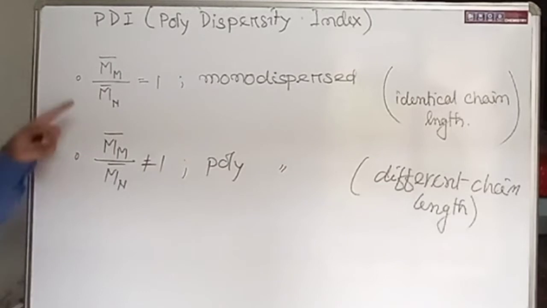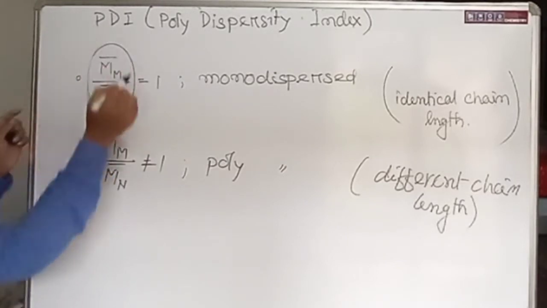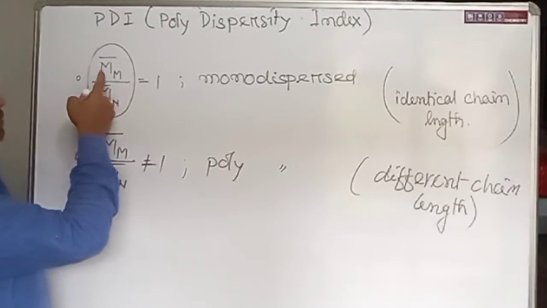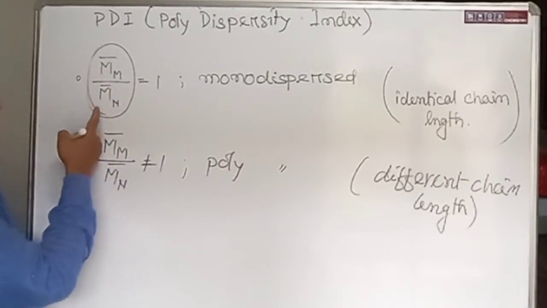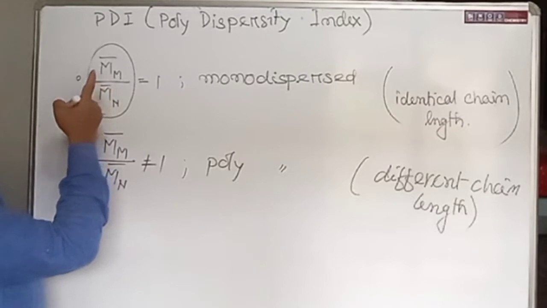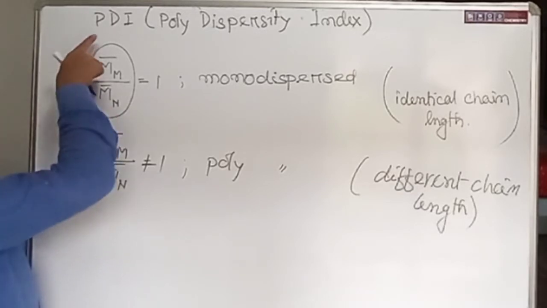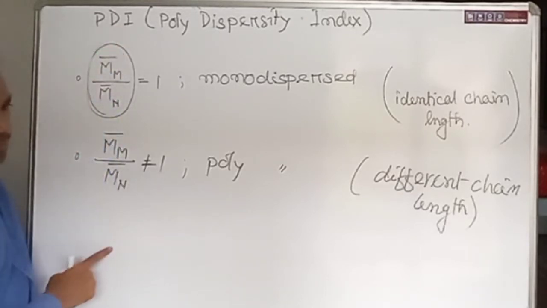To express this, this is the expression. The ratio of mass average molar mass to number average molar mass is called the Polydispersity Index.